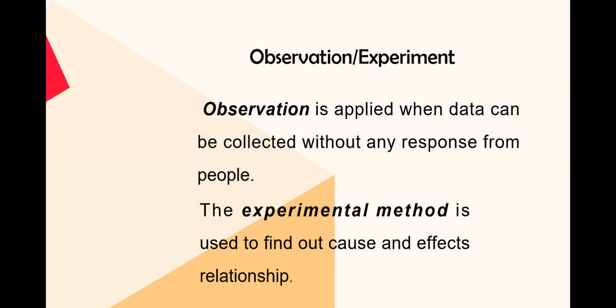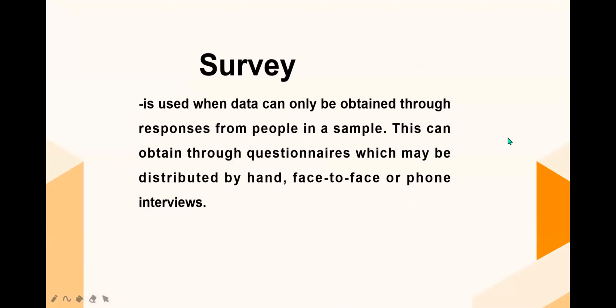Now, how about the experimental method? The experimental method is used to find the cause and effect relationship. And I think this is very familiar to the science majors. Next one is what we call the survey method. So what is the survey method?